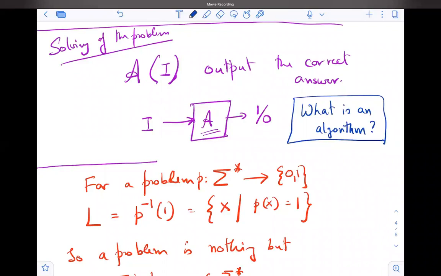And how do you define computation? How do you define solving a problem? How do you define an algorithm? What kind of questions are solvable? What can be solved? What cannot be solved? Can all questions be solved? So you have lots and lots of these questions up there.